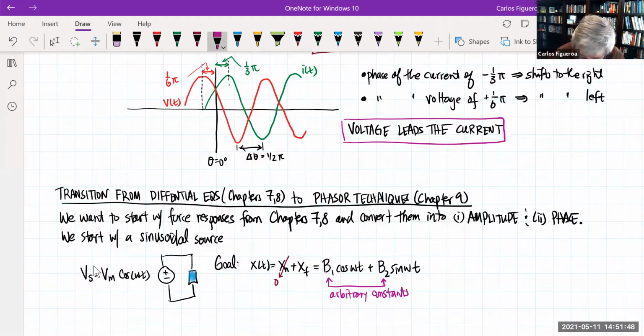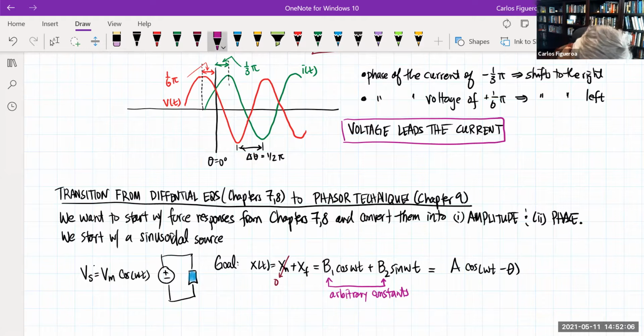And what I'm going to do here is shift it to these. The way I'm going to shift it is to call this A cosine of omega t minus some phase. Note, I could have written that as a plus.